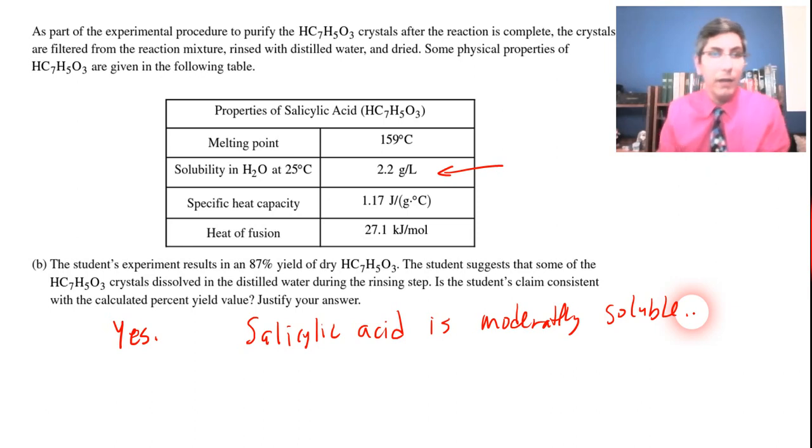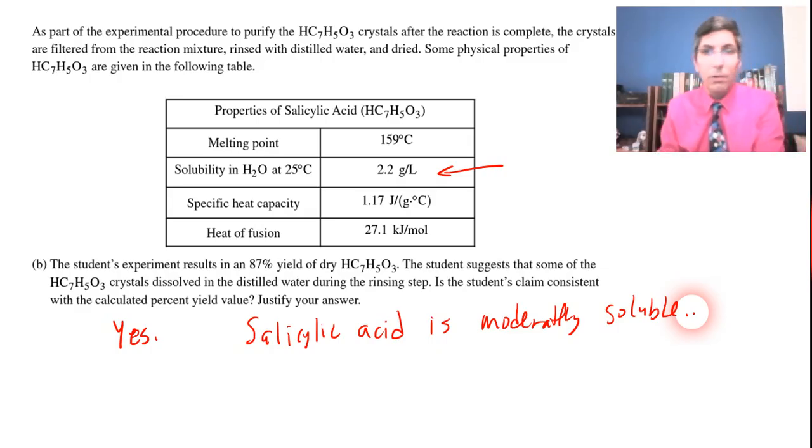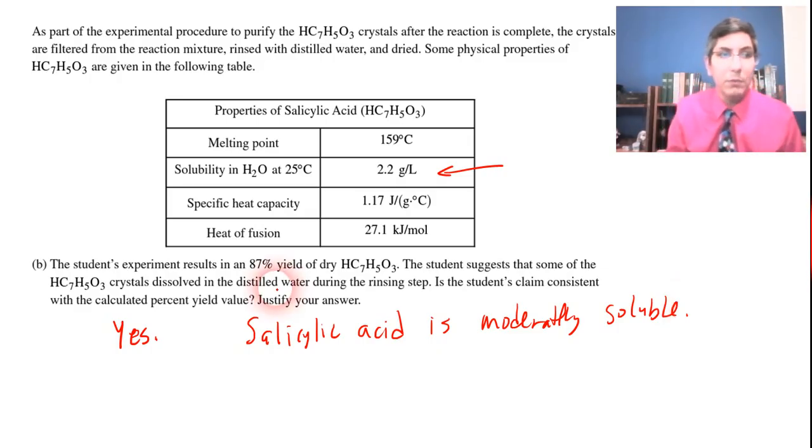And since we only had about 0.2 grams or something like that that were produced, it is very conceivable that a small amount of the acid was washed away during that rinsing process. And so I'm going to say yes on this. And based upon the solubility, not all of it, but some of it, a small amount, 13%, was washed away, because the rest was still there.